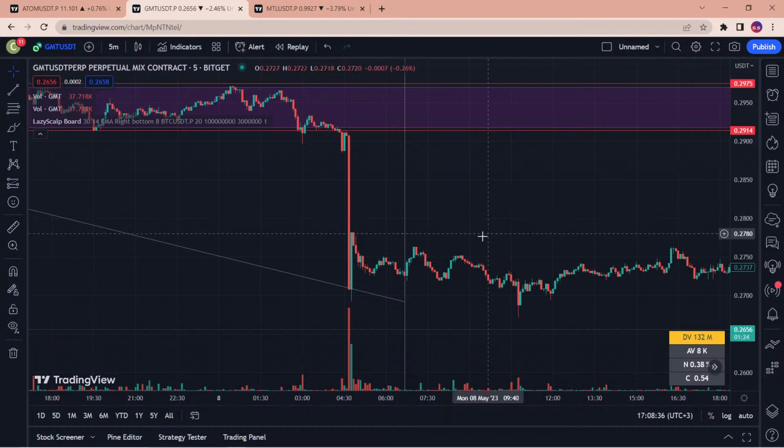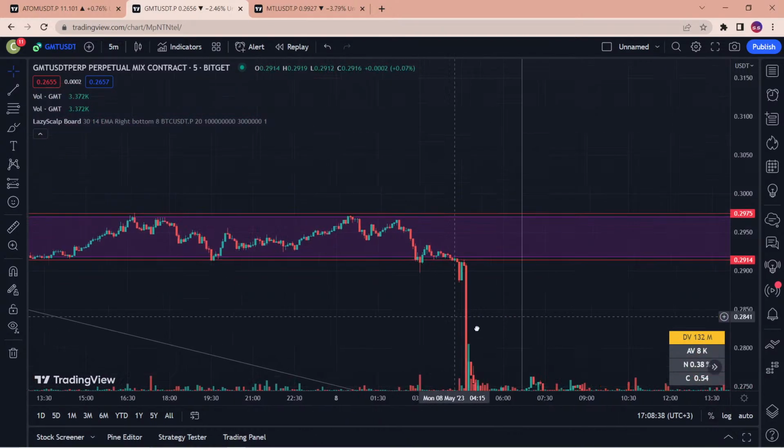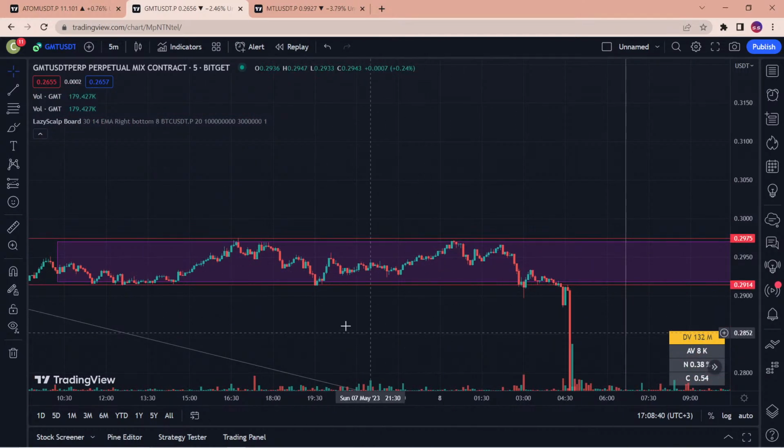So how does a huge player create this range? How is it possible? The answer is by placing some large fake limit orders here. I will show you.